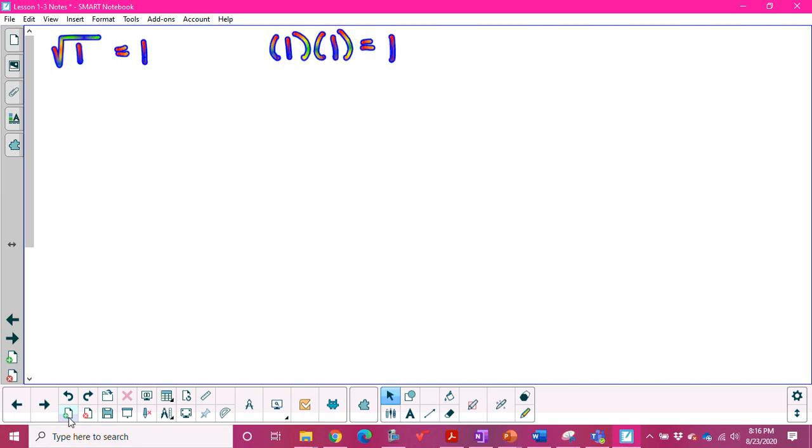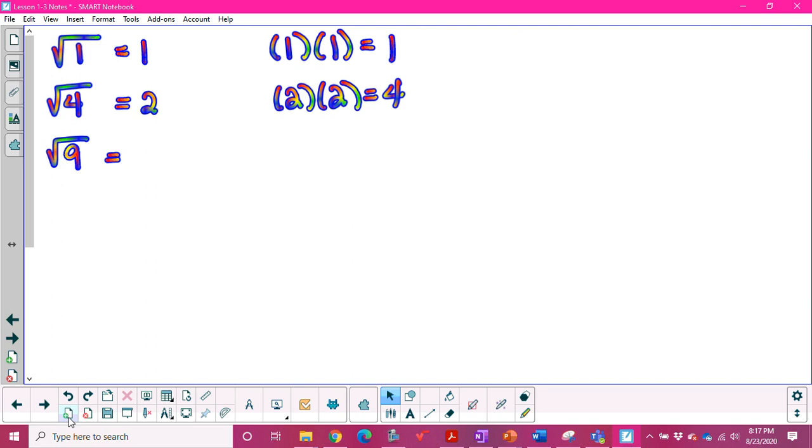So if you take the square root of 1, you're going to get 1. The next perfect square is 4, and the square root of 4 is 2 because 2 times 2 equals 4. The next perfect square that we have is 9. The square root of 9 is 3 because 3 times 3 is 9.